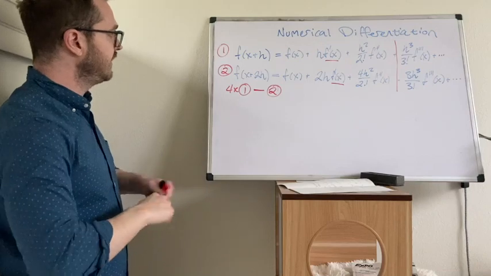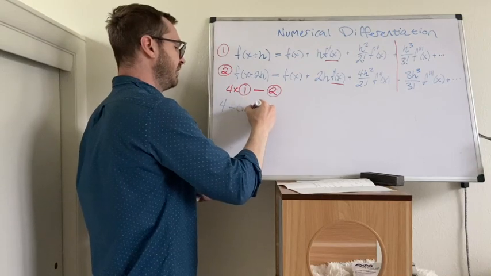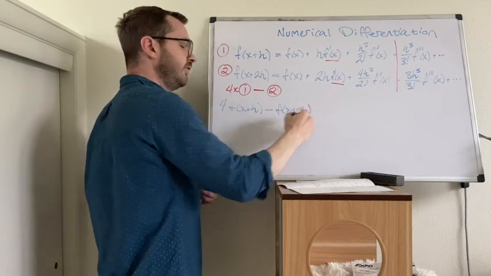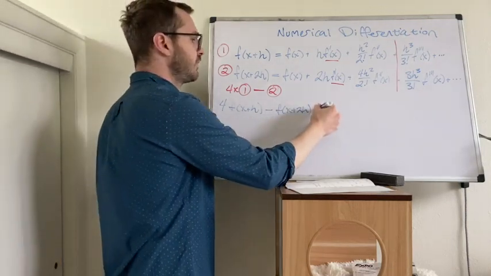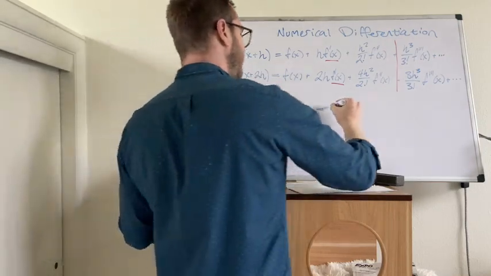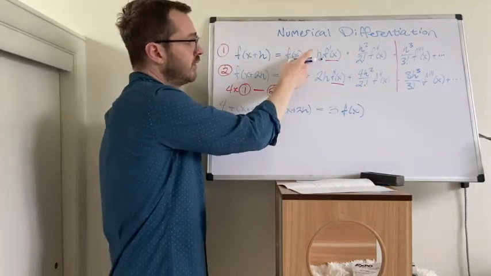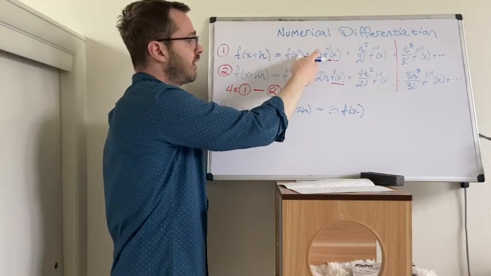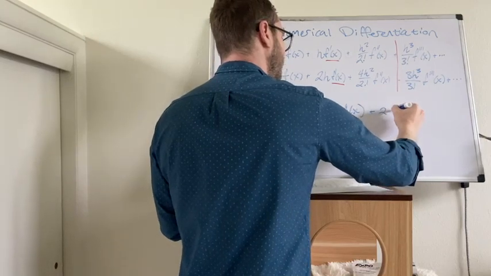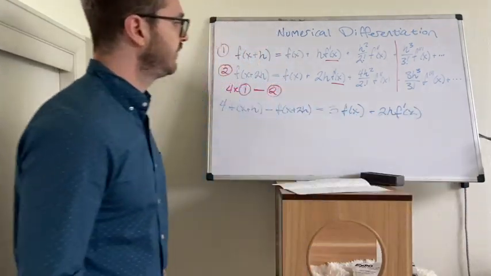All right, if we do that, here's what we get. 4 times f of x plus h minus f of x plus 2h. There's going to be 4 f of x's minus 1 f of x. We're going to get 3 f of x. We're going to have 4h f prime and then minus 2, so that leaves 2 plus 2h f prime of x.